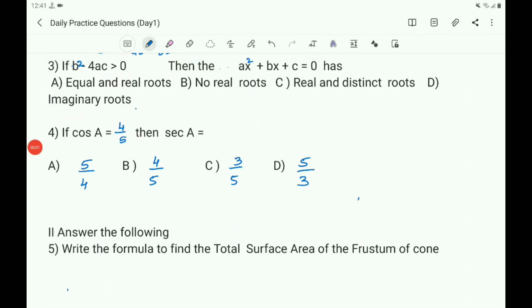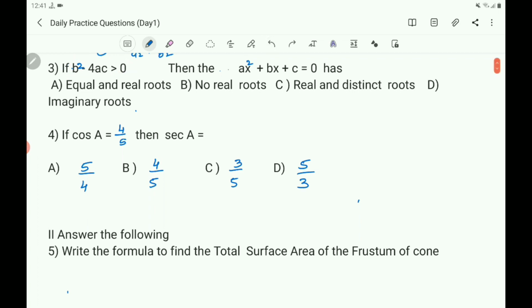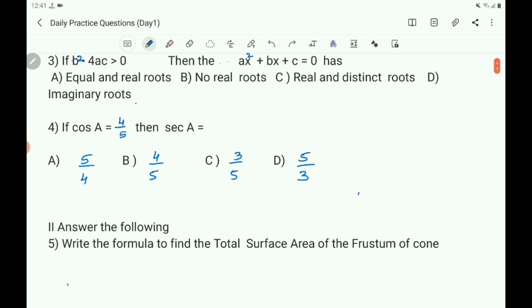Now the third question. If b square minus 4ac is greater than 0, then ax square plus bx plus c equals 0 has: A, equal and real roots; B, no real roots; C, real and distinct roots; and D, imaginary roots.